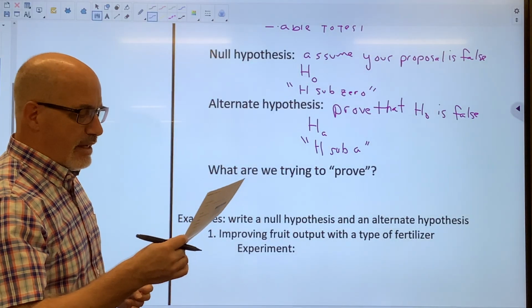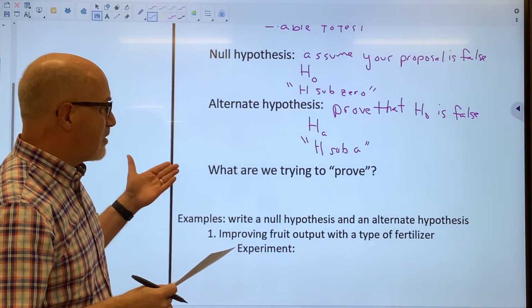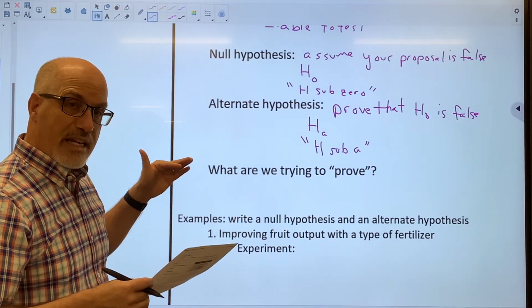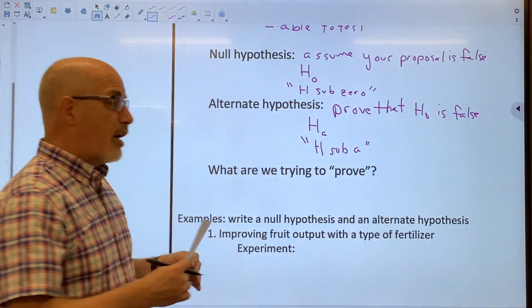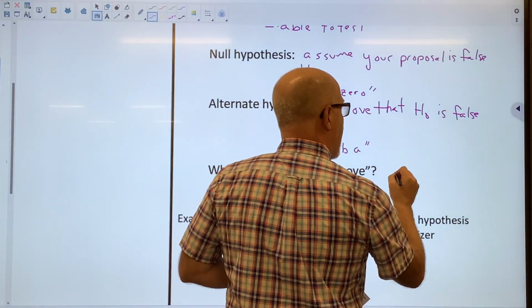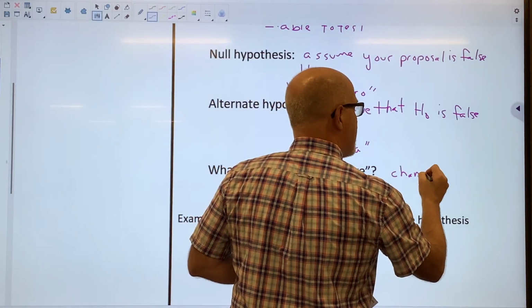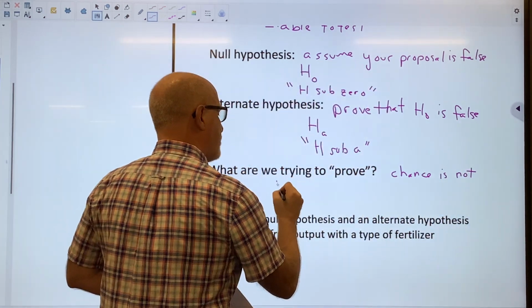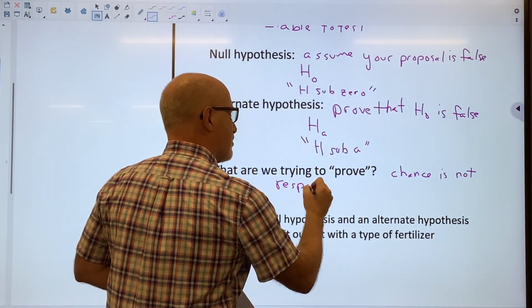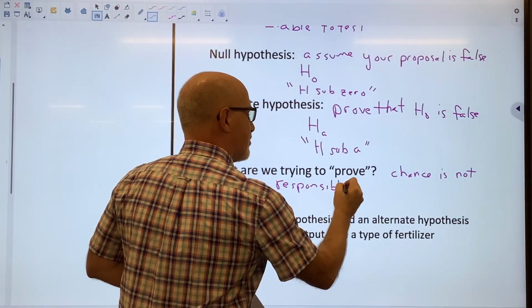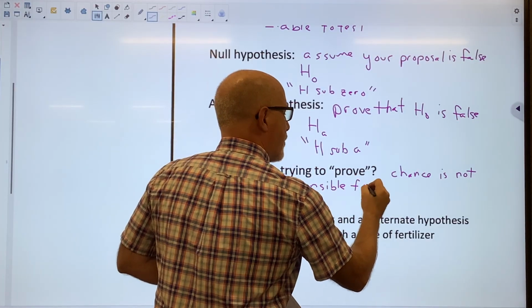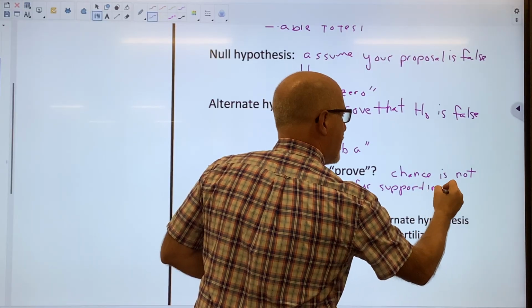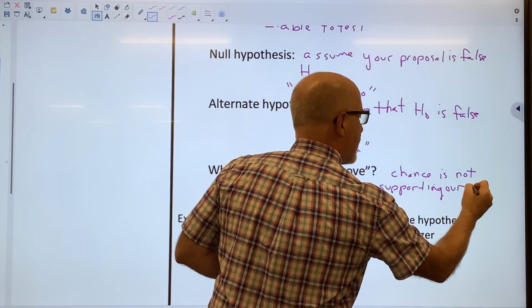What we're saying is we're trying to prove that chance has not come into play, that chance is not responsible for supporting our proposal.